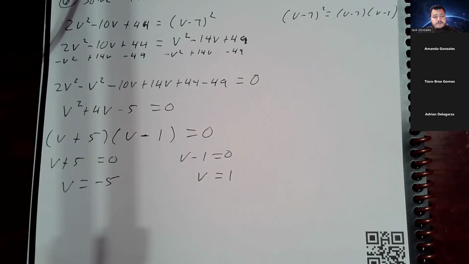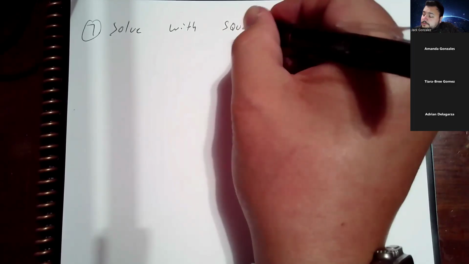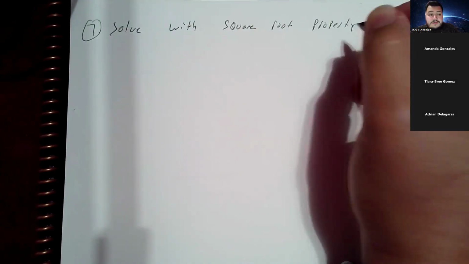All right, number 7 then. Here it tells us which technique to use. Let's solve with the square root property, which means we square root both sides, right? That's what it wants us to do.